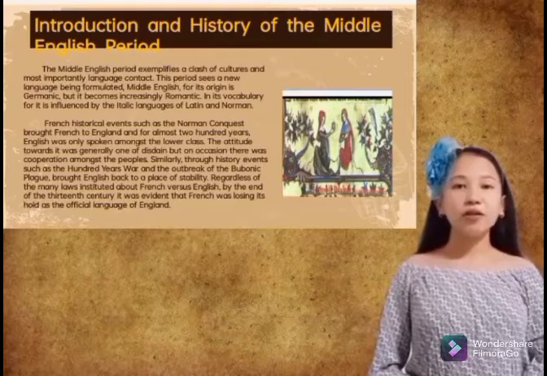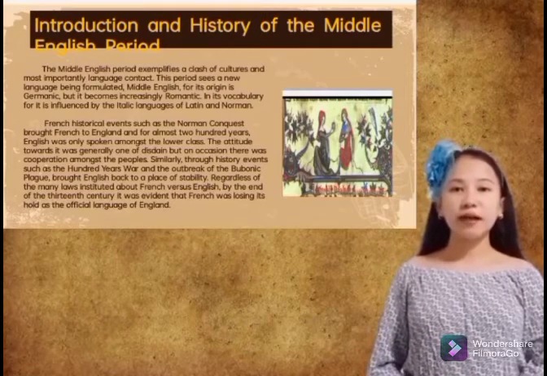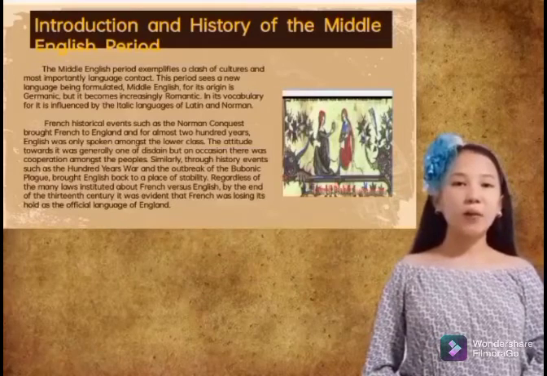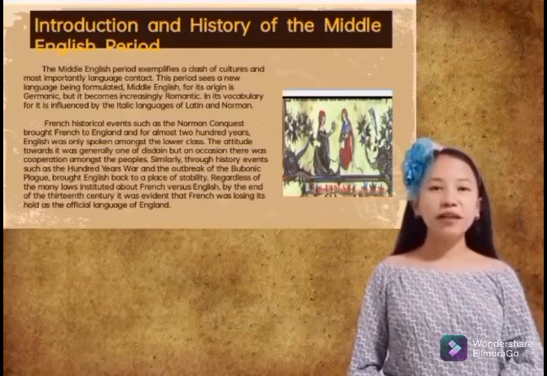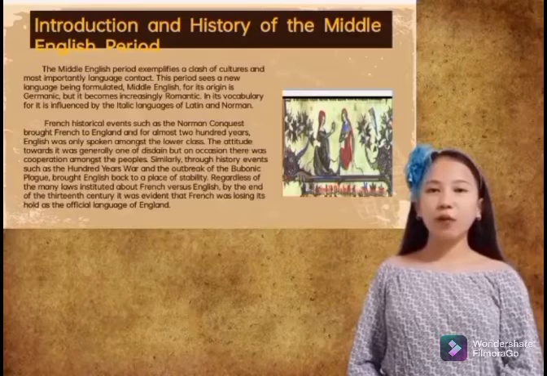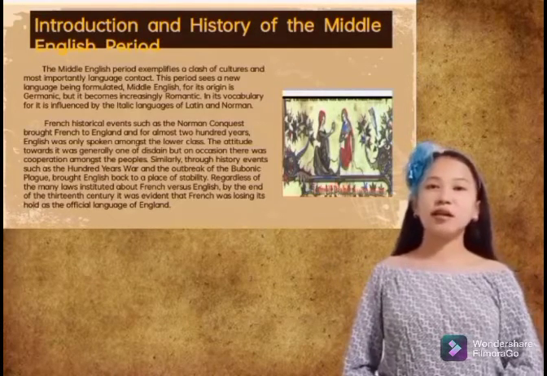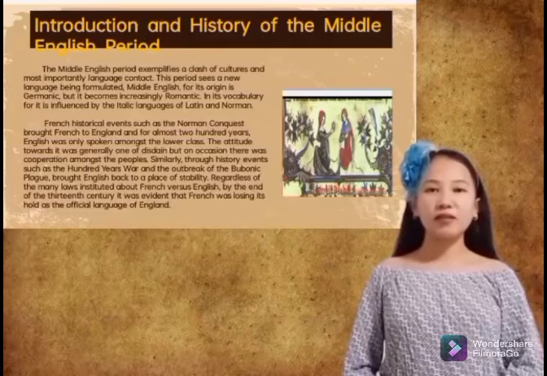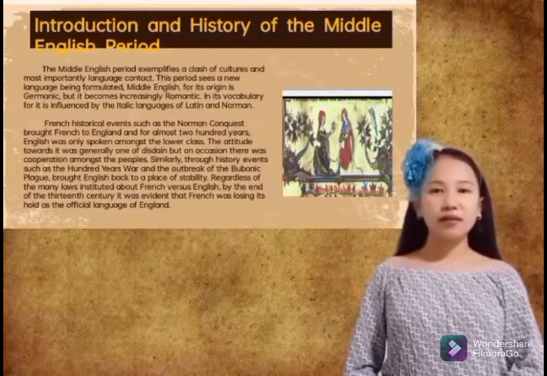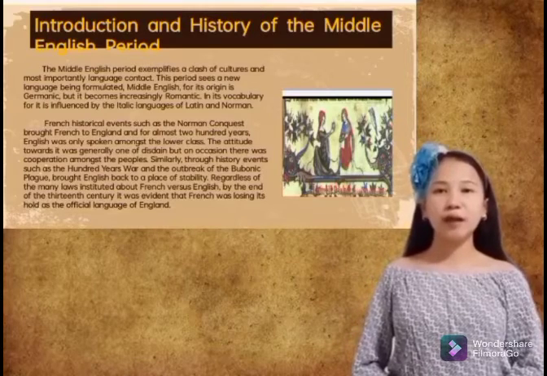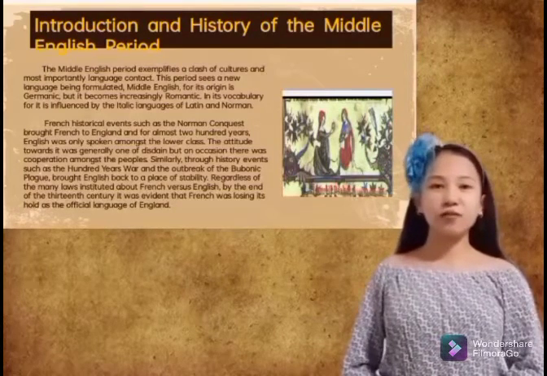By the end of the 13th century, it was evident that French was losing its hold as the official language of England. The 14th century brought the works of Chaucer and saw English being used in literary works and thus regaining its prominence. Also, when Henry IV gained power, English became the language of the King's Court.